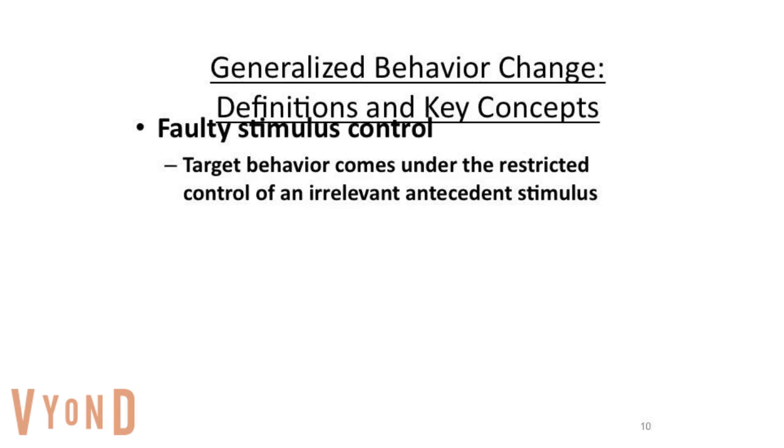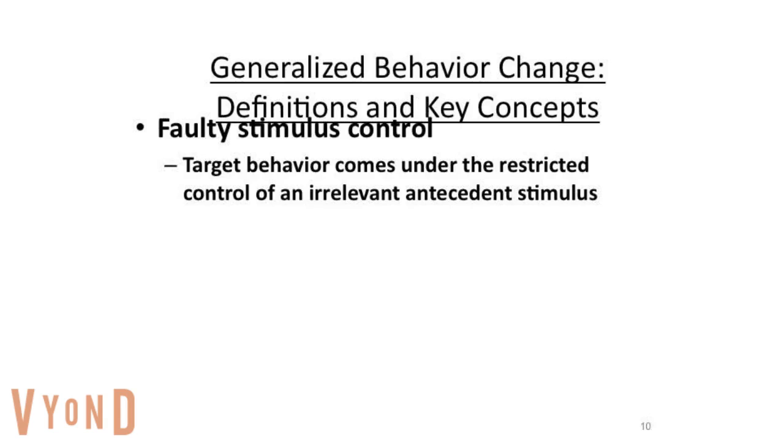Faulty stimulus control is when the target behavior comes under very restricted stimulus control or stimulus control by something that's irrelevant. An example that I like to use is when we teach our students to respond to certain bells. There's the fire drill, the earthquake drill, the recess bell, right?